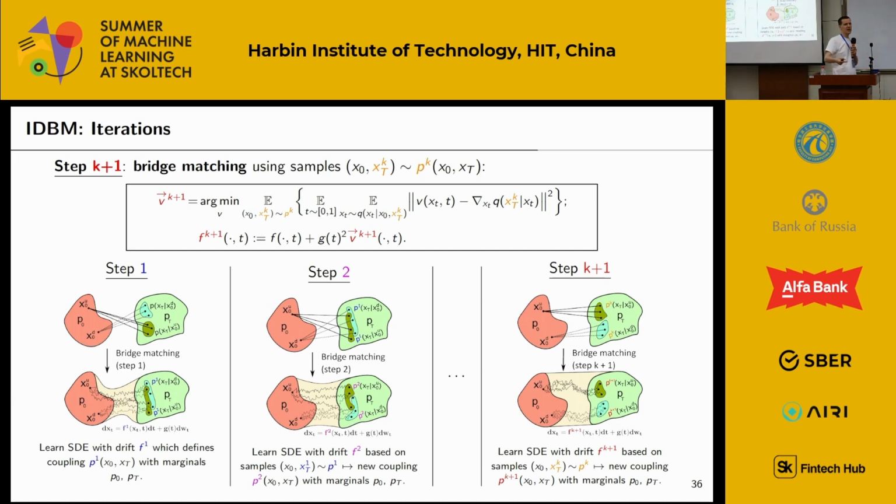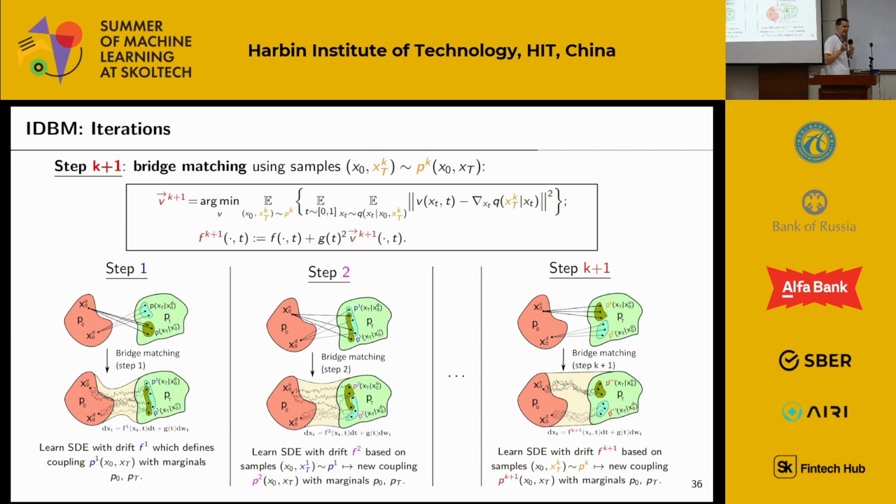So on the next step, like in rectified flows, we train a new bridge matching model, but we sample our points x1, xt not independently, but dependently according to our previously trained unconditional bridge matching model. We just optimize this loss, train a new bridge matching model. That's it. And then we repeat this procedure until convergence.